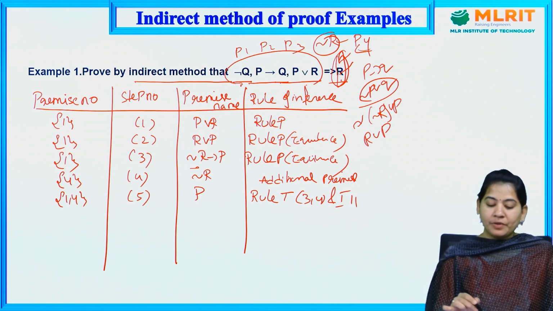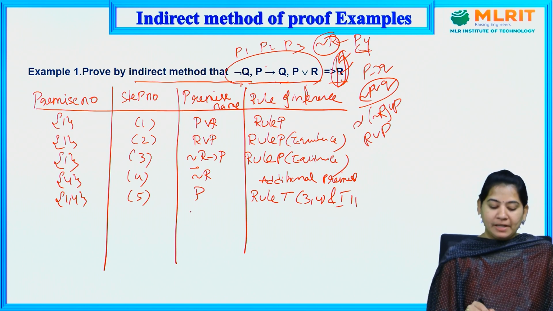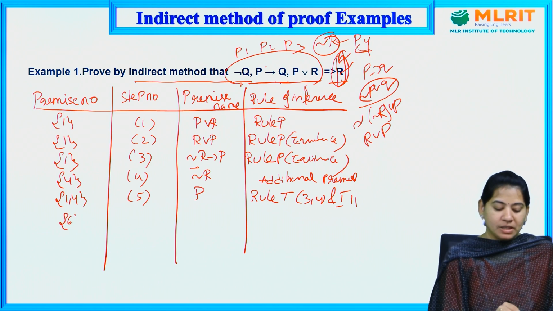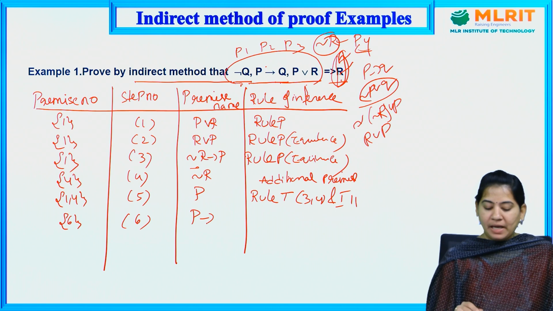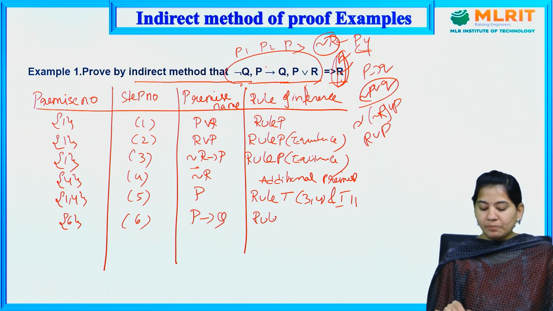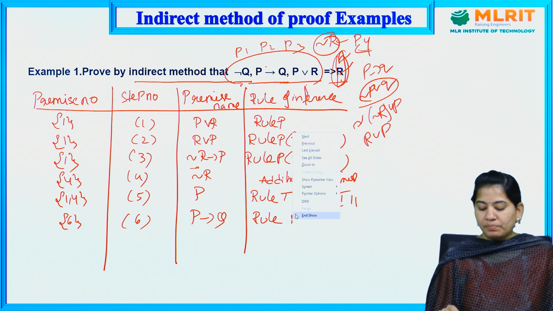Next we have the connective with P implies Q, so you can write premise number 6, step number 6, P implies Q here, which is called rule P.